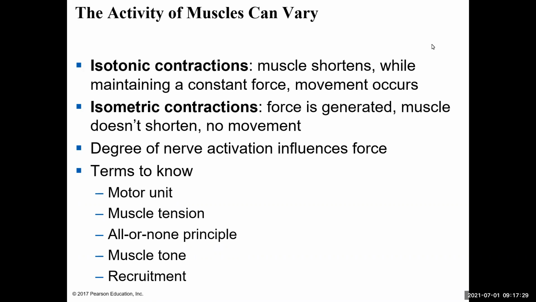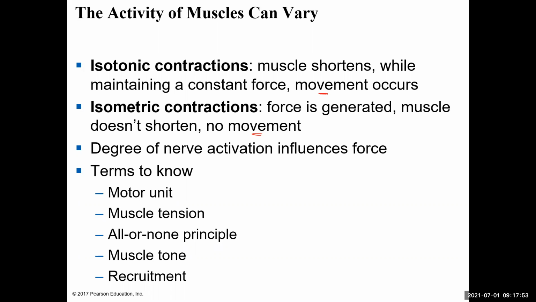So with muscles, you can have two types of contractions. You can have isotonic contractions where the muscles shorten, contract, and they cause movement. Or you can have isometric contractions where the muscles generate a force, but they don't shorten and no movement is caused.